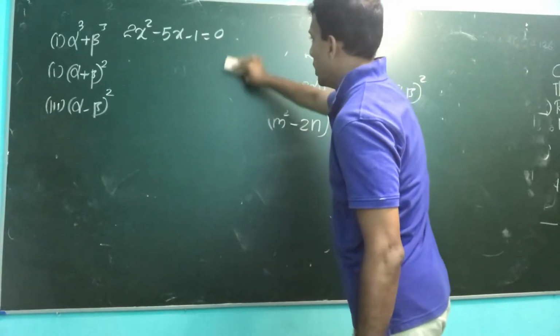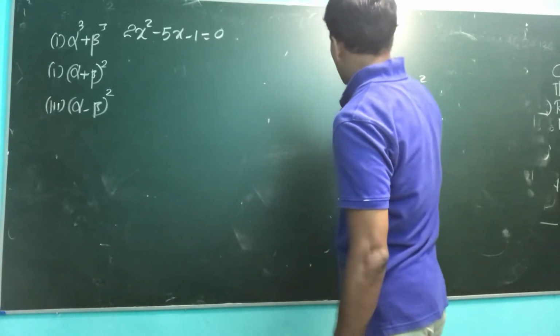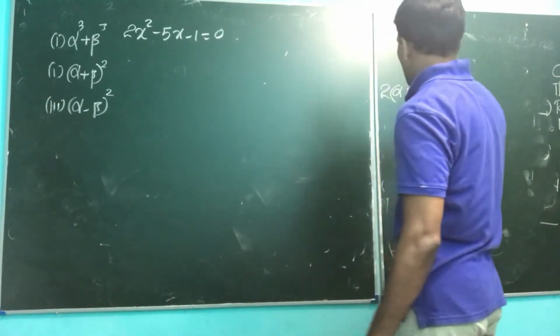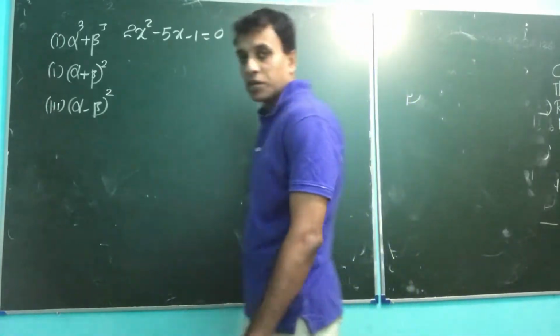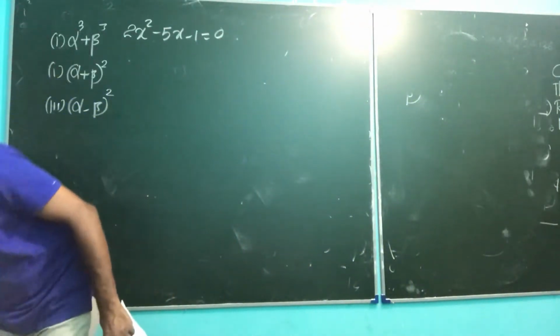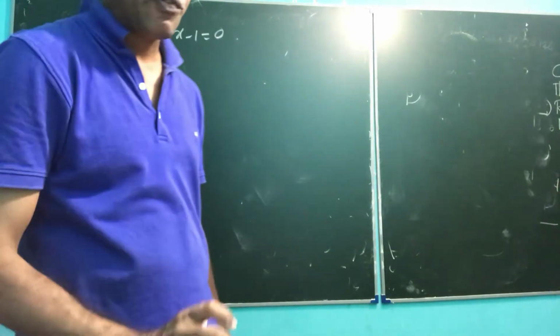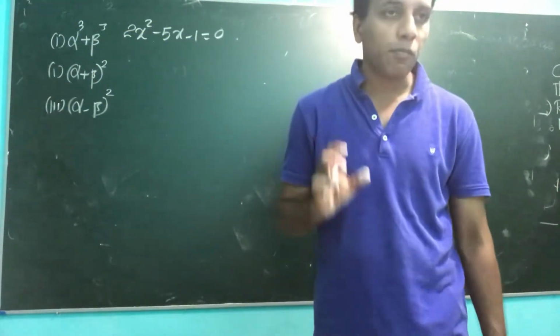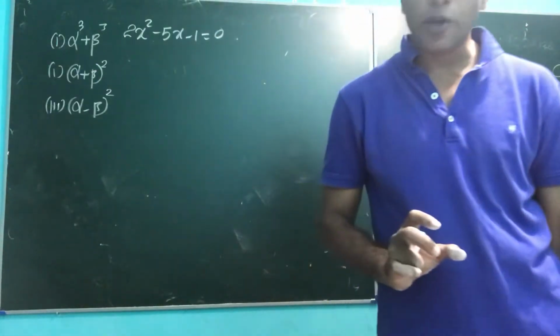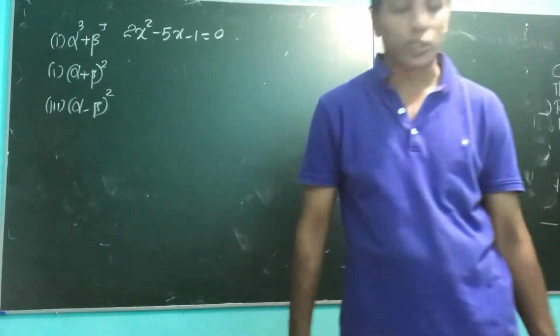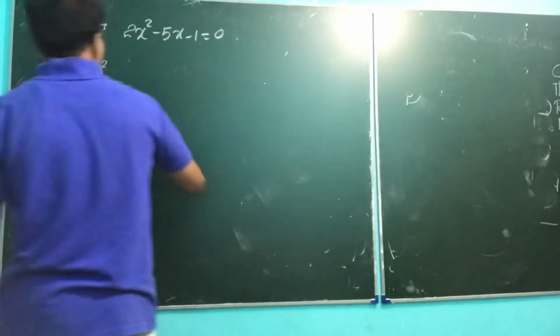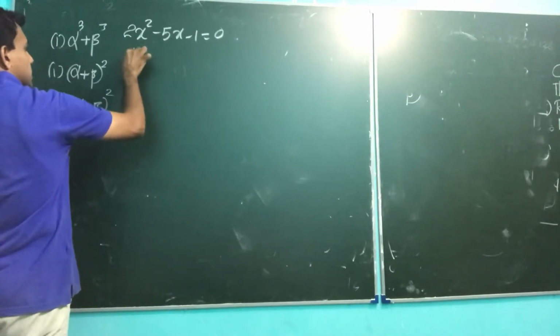2x square minus 5x minus 1 equal to 0. That's a quadratic equation. The two solutions are alpha and beta. Therefore, very first, you will write the sum of the roots and the product of the roots, right? So what is alpha plus beta?